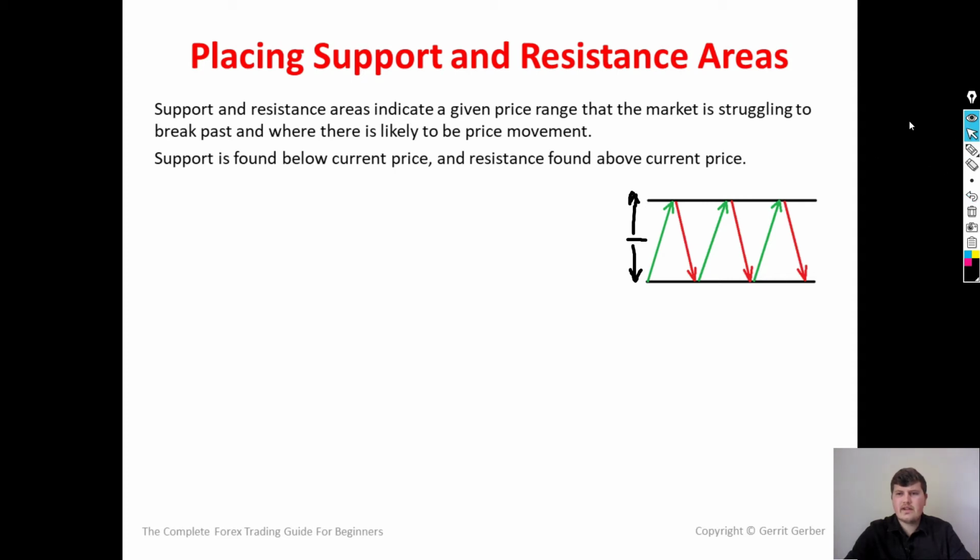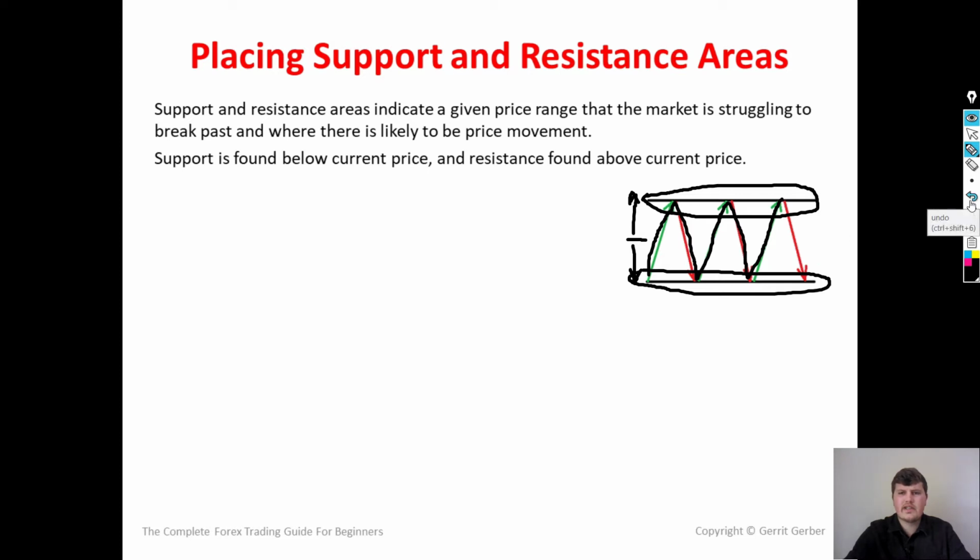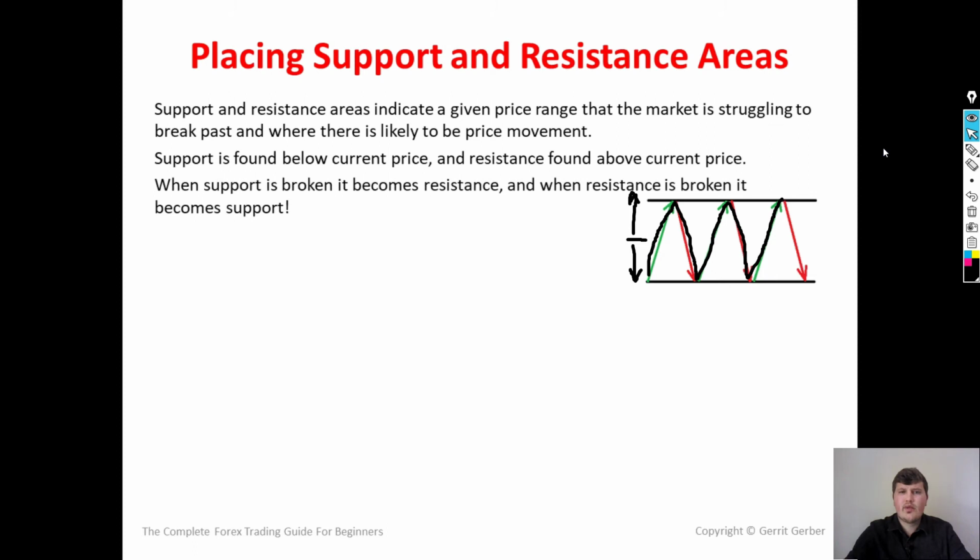Also, it's important to remember that this consolidation isn't going to go on forever. Price isn't always going to react at either the resistance or the support areas in the market. And when the support is broken, it becomes a resistance area.